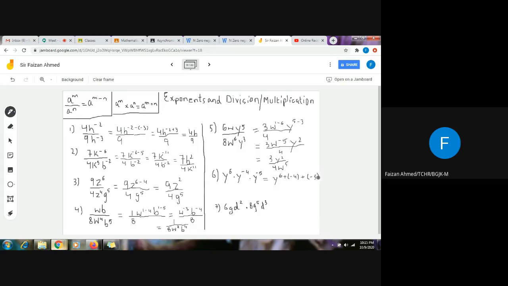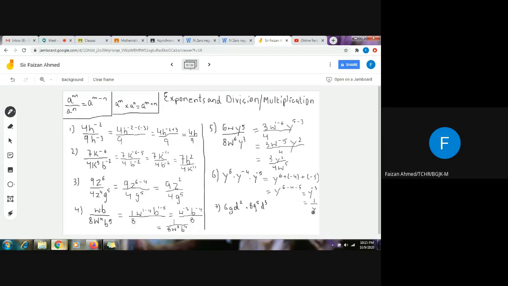And we know that after simplification this will become y, it will be 6 minus 4 minus 5, and I know that minus 4 and minus 5 is minus 9, and it will be minus 3. 6 minus 9 will be minus 3, and I cannot leave my answer in negative exponent, so I have to shift it downward, so it will become 1 upon y cube.